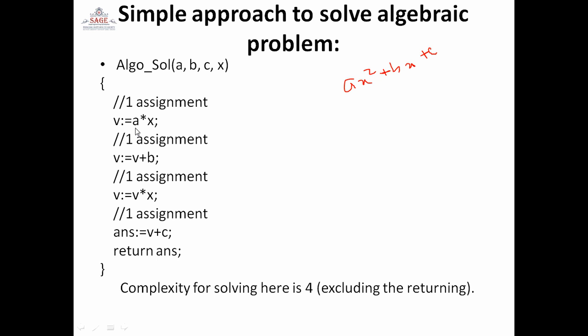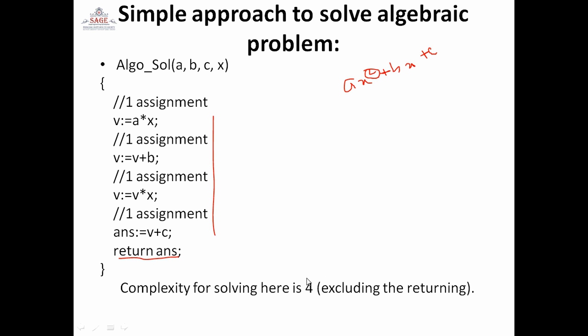Basically we have written one line assignments, and each is going to take constant time: constant time, constant time, constant time, constant time, and constant time. Excluding this one, it is going to give you constant time each. So the complexity for solving here is 4. It is going to take you 4, and that is for the polynomial equation of degree 2.